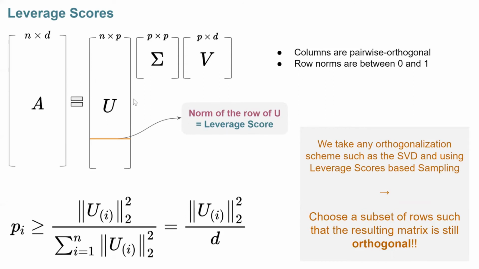And those are nothing but your leverage scores. So your leverage scores are literally the squared row norms, and this is nothing but a normalization factor. And that's it. So basically what we are saying is that when you sample and rescale this matrix, your orthogonal representation, which you got from your SVD, is going to be represented as an almost orthogonal representation by choosing this row subset.